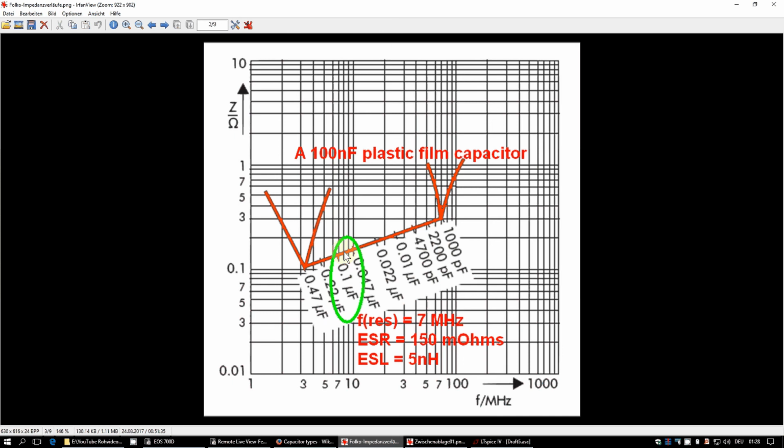And from that, together with the value of your capacitance, you can simply calculate with the formula for the resonant frequency what the corresponding inductance is, and this gives the ESL.